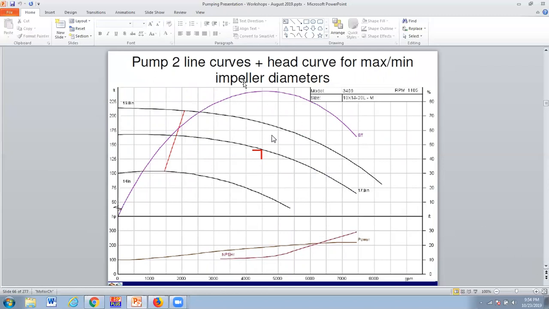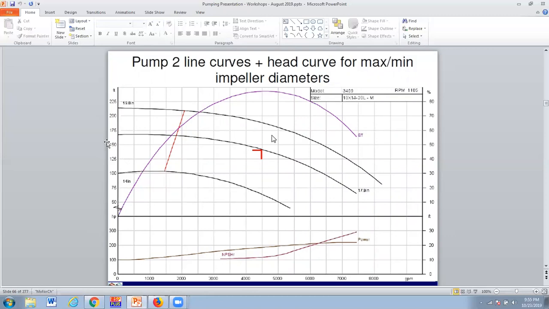So this is pump 2. This is a different pump, but we get similar type information. So you have flow down here on the X or horizontal axis, and GPM. I'm sorry, this is flow GPM down here, and this is feet of head over here.